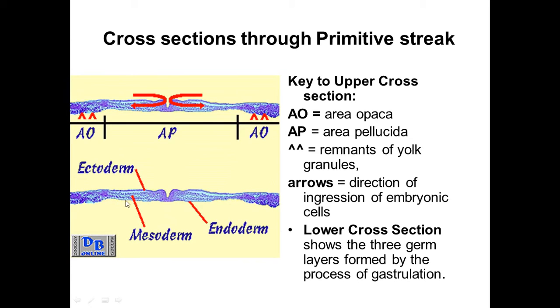Then the layer on the bottom portion of this cross section, we expect that this layer touches the yolk. Let's say we imagine that the yolk is found in this region here where I'm circling my arrow. So the layer is known as the endoderm, and the space between the ectoderm and the endoderm is filled by cells of the mesodermal layer.